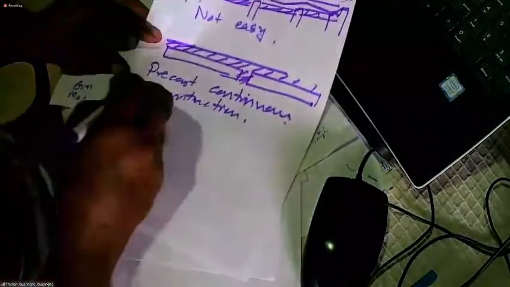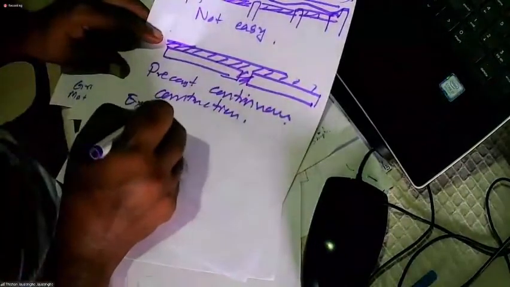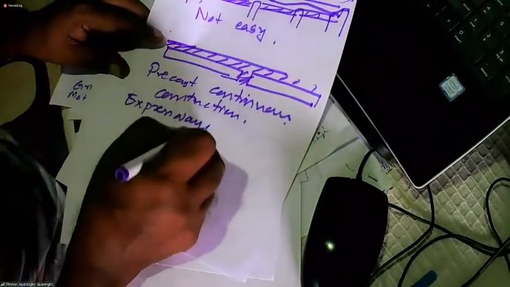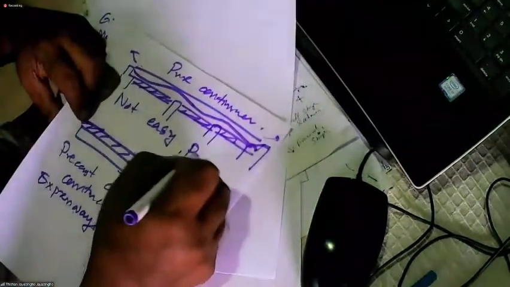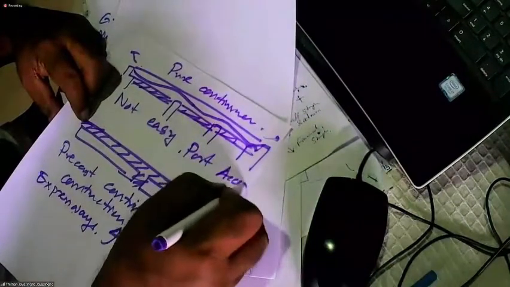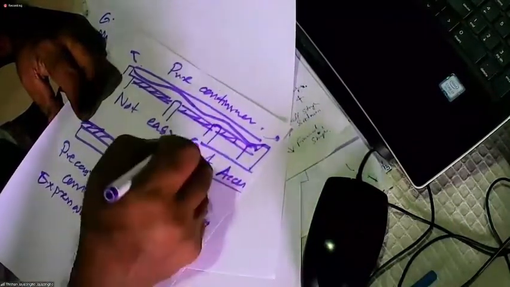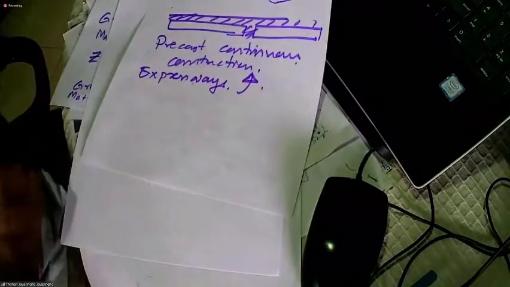So all our expressways are this construction. Only the port access road is coming closer to pure continuous. Closer, but not exactly.